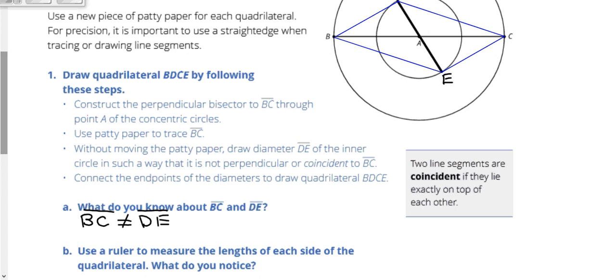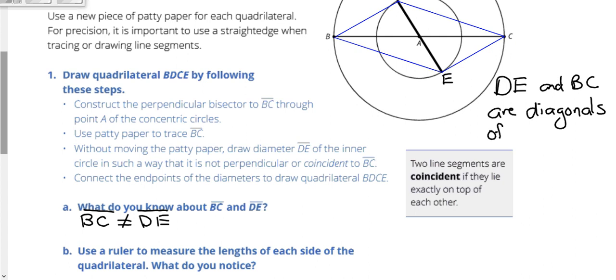Now, if we're looking at the quadrilateral, DE and BC are called diagonals of the quadrilateral. We're not sure exactly what type of quadrilateral it is right now, but they are considered diagonals. They are line segments that connect vertices of a polygon, in this case a quadrilateral, that are non-adjacent to each other, meaning they're not right next to each other.